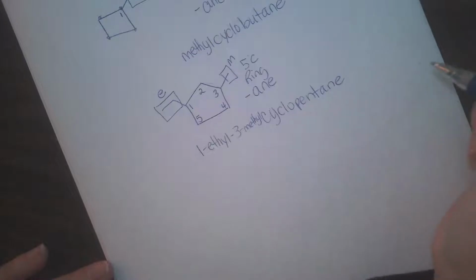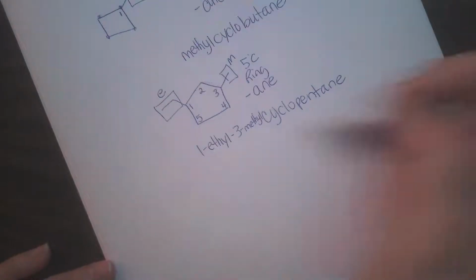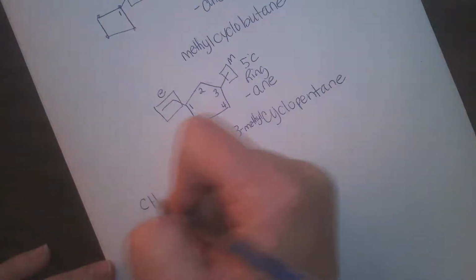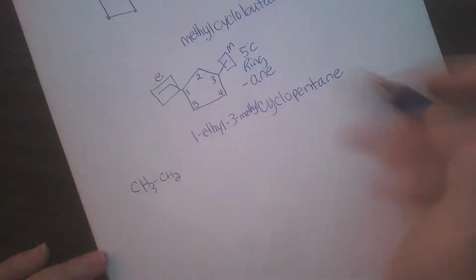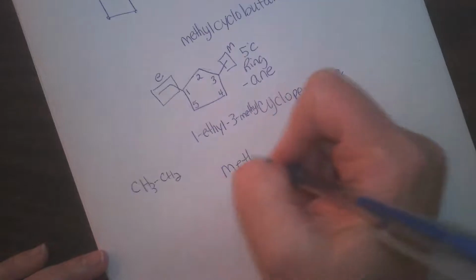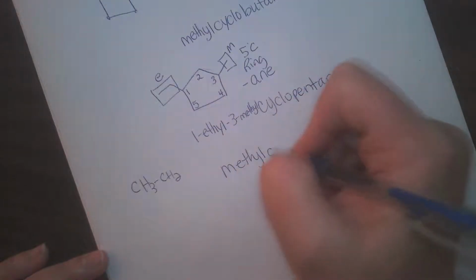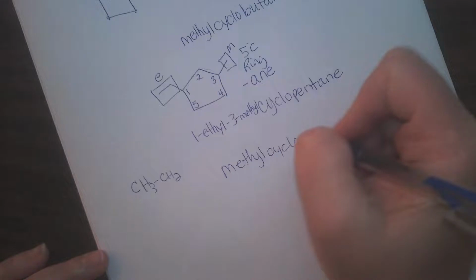Good? All right. Now we got to draw the condensed structural formula. So condensed is when you have like CH3, CH2. And so the first one is methylcyclopentane.